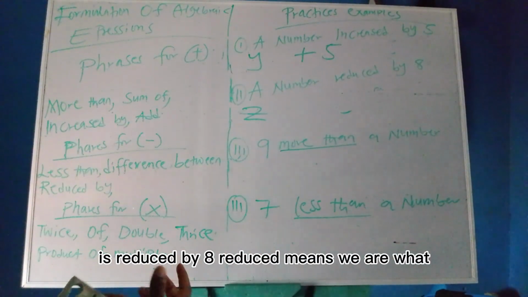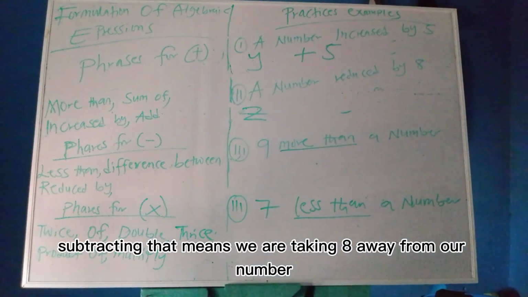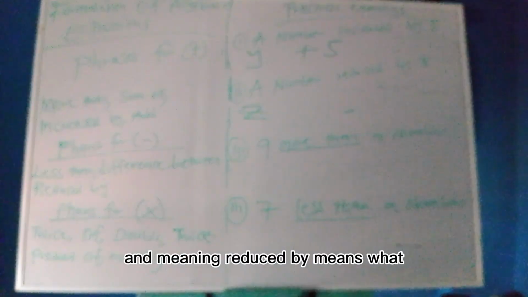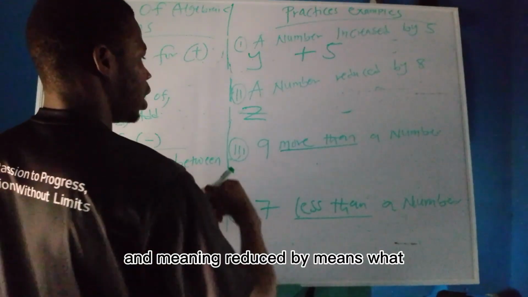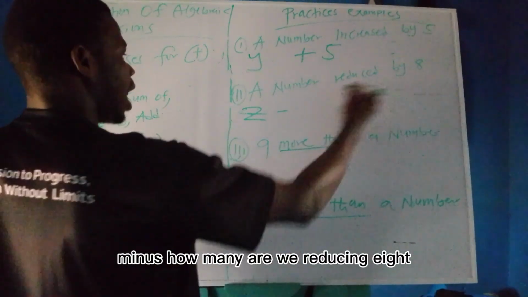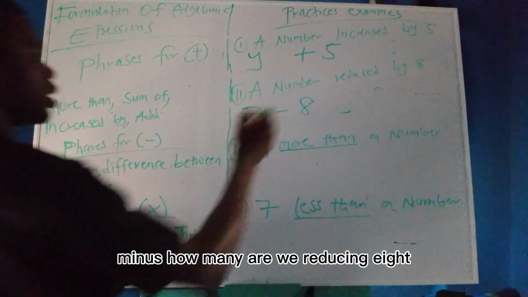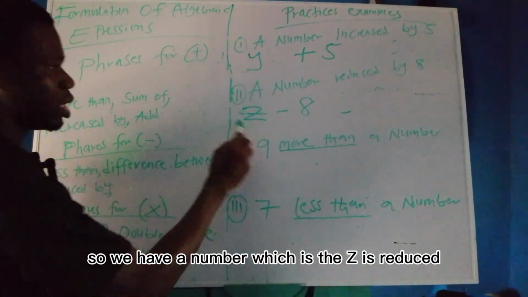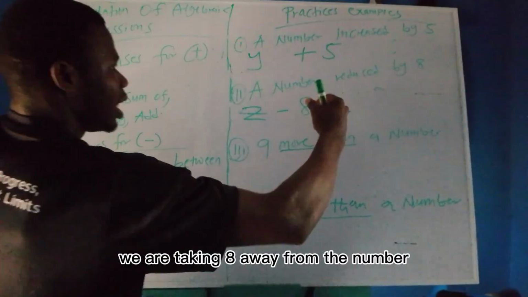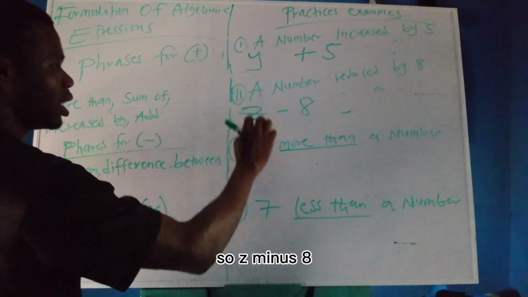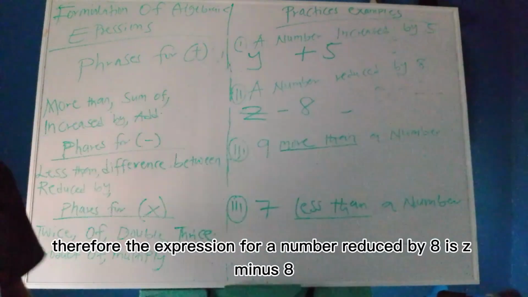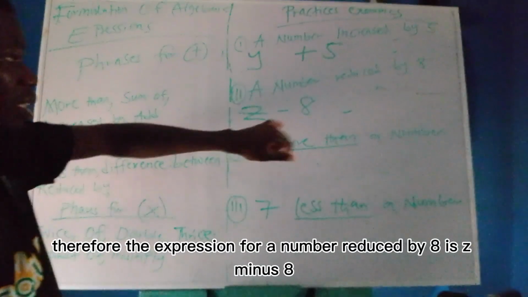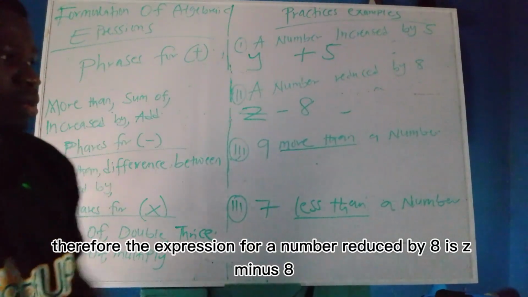Reduced means we are subtracting. That means we are taking 8 away from our number. So reduced by means minus. How many are we reducing? 8. So Z minus 8. Therefore, the expression for a number reduced by 8 is Z minus 8.